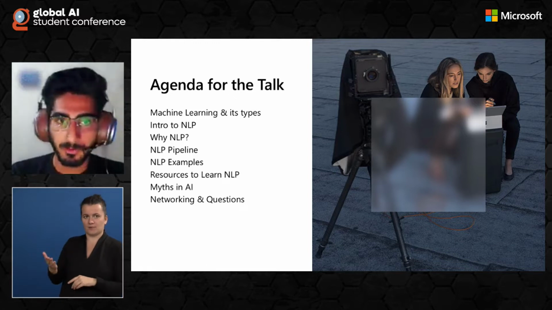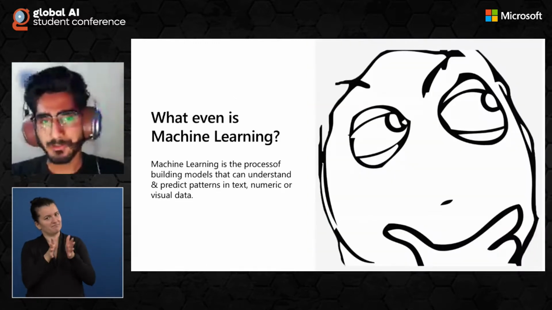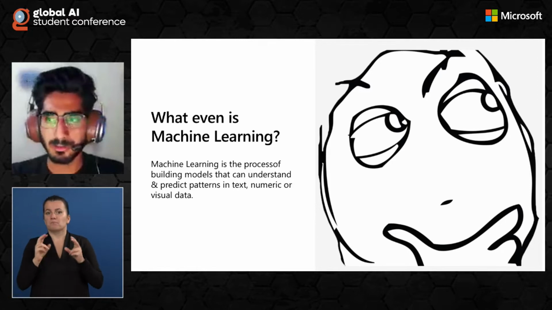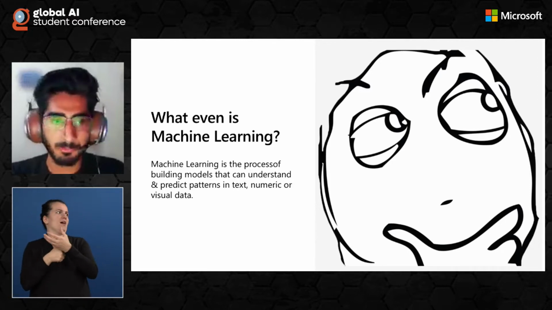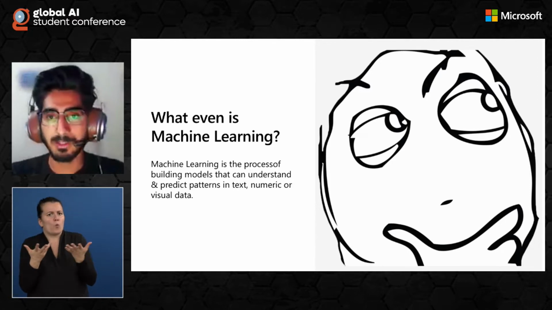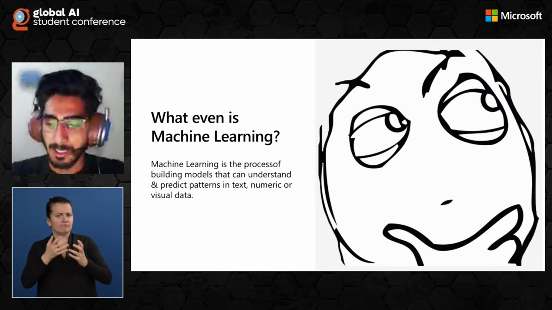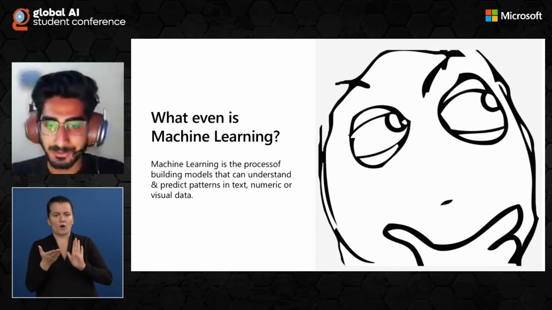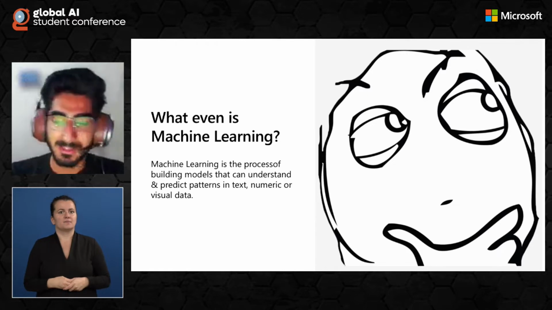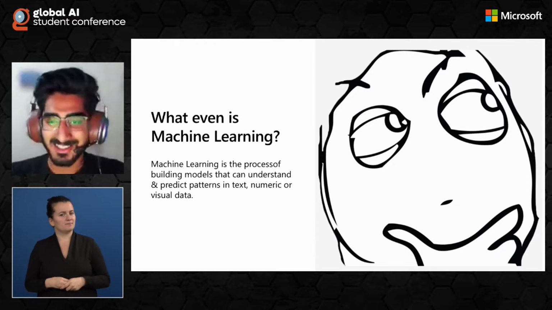Let's move forward. Now, the very first question most people who just start off with machine learning have is what even is machine learning? And they usually come across the equation like Karthikeya also explained, which was y is equal to mx plus b.